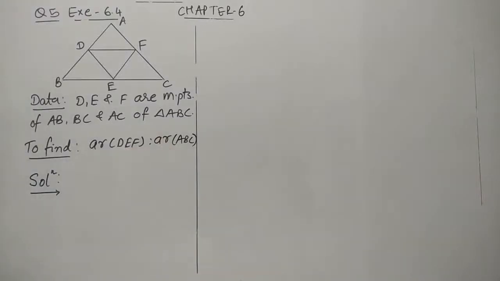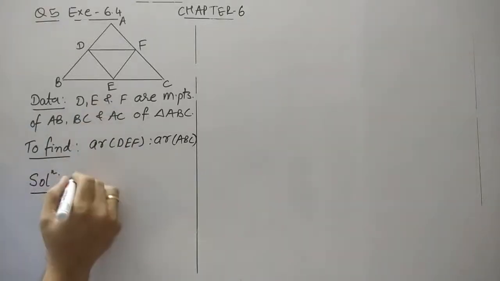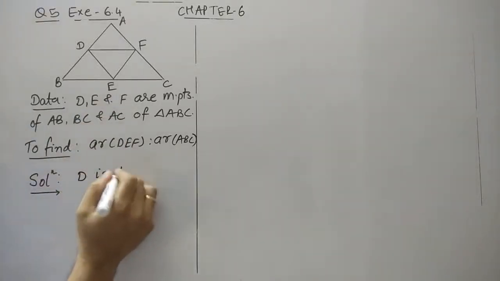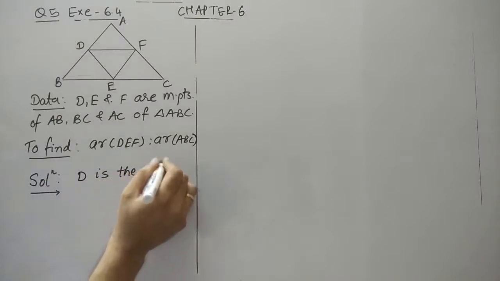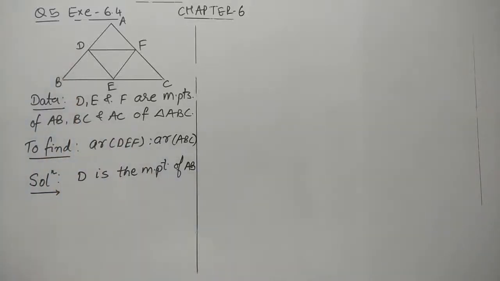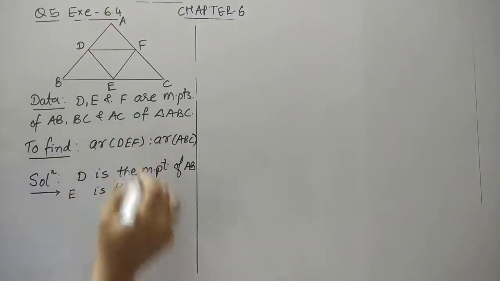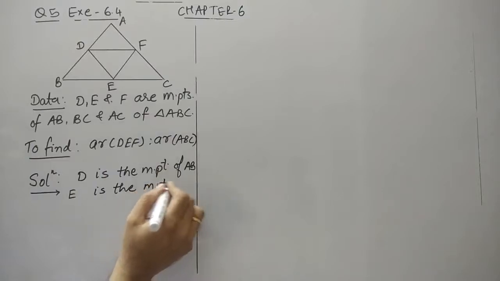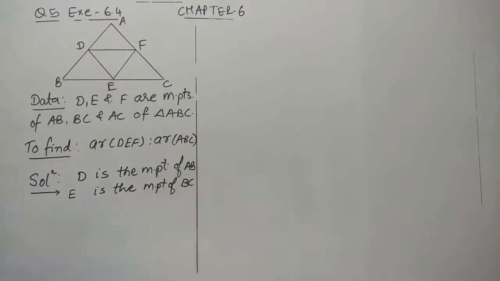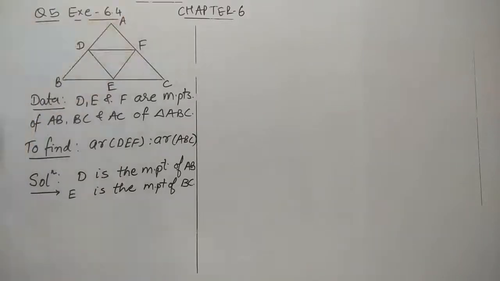To show the similarity, they have clearly mentioned that D, E and F are respectively the midpoints. As it is given that D is the midpoint of AB and E is the midpoint of BC, in the 9th standard we discussed that by using the midpoint theorem, we can say that this length DE is half of AC.